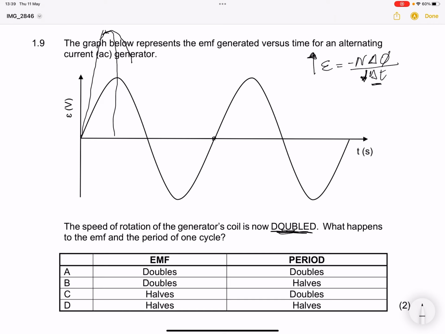But our period should actually be half, right? It takes half the time to complete one cycle. Right, so that is what your graph would somewhat look like. Okay, and I hope that you are still following. So EMF would double, but the period would halve. So therefore, the correct answer there would be B.